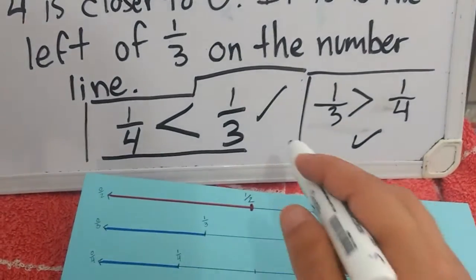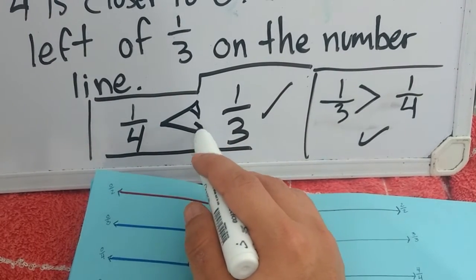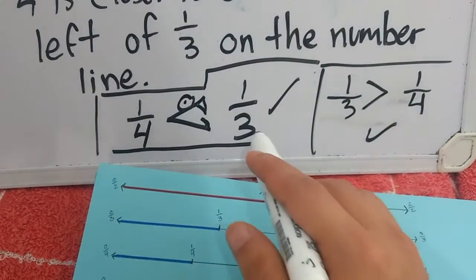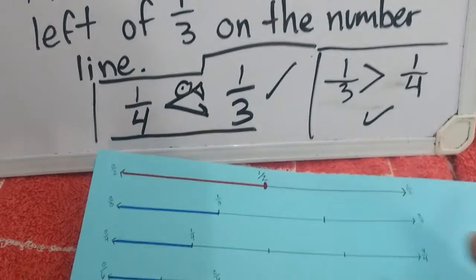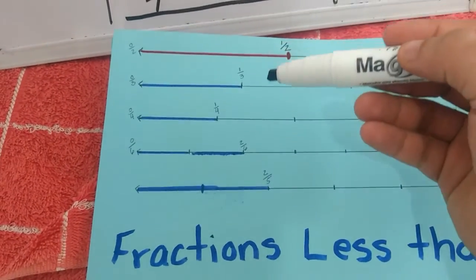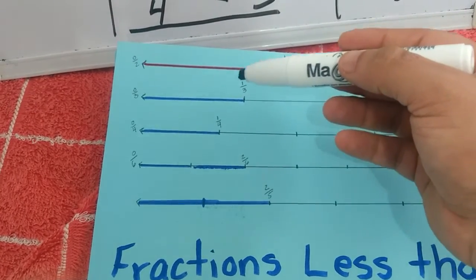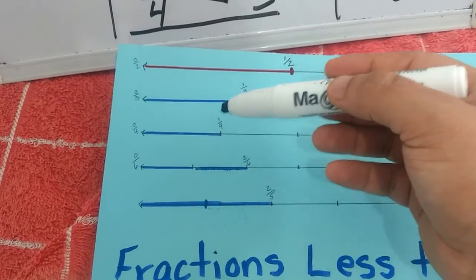Why? Because remember, the crocodile likes to eat the bigger number or the bigger fraction. So the bigger one is 1/3. Why? Because it has more distance. For example, here you can see this is the bigger number or the bigger fraction than this.